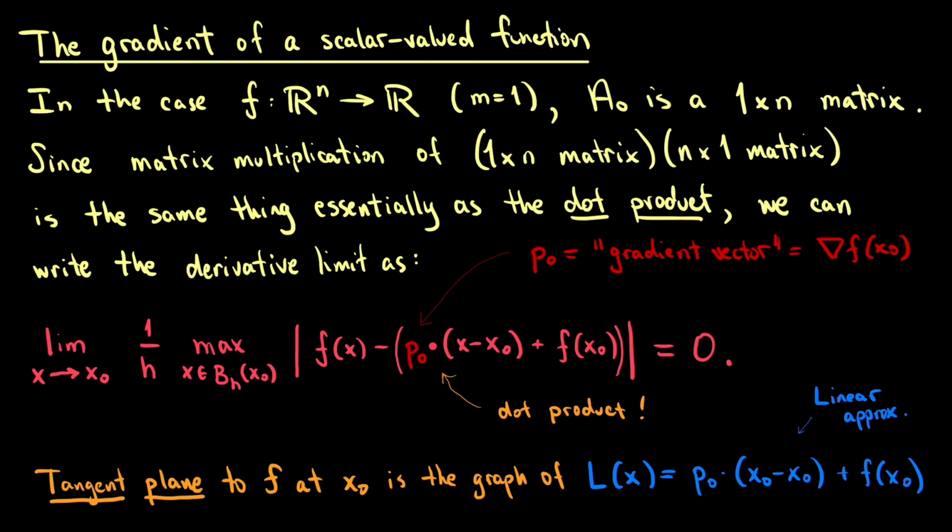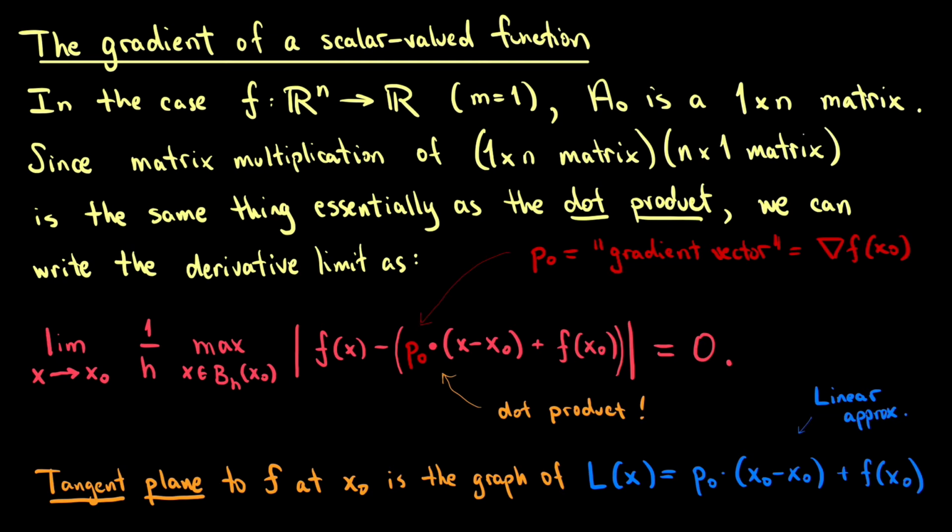Okay, so we can change the notation slightly, and instead of thinking of that capital A naught matrix, because now my matrix is just going to be a row vector, we can think about it as a vector in R^n. And we can call it the gradient vector. So for a scalar valued function, we don't speak of the total derivative, we speak of the gradient.